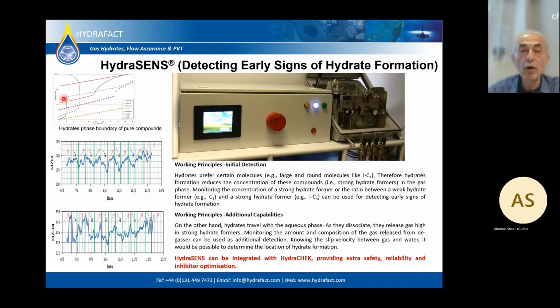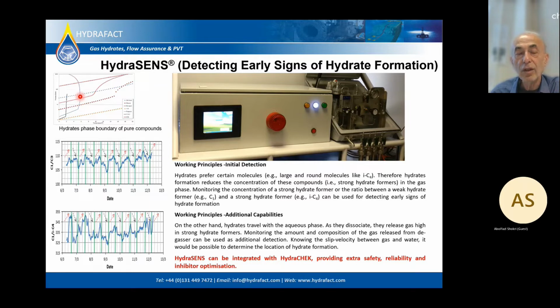So when hydrates form, for a structure 2 obviously, for a structure 1 different gases, the amount of IC4 and propane in the gas phase is reduced because it goes to the hydrate phase. And gas phase is the fastest moving phase in the pipeline. But hydrate has similar density to water, so it will remain in the water phase.